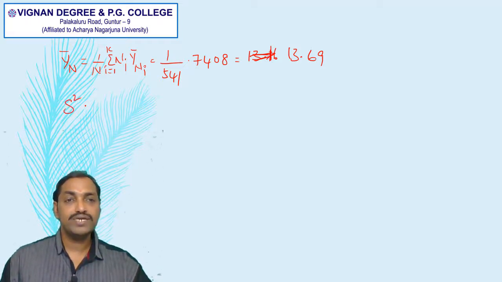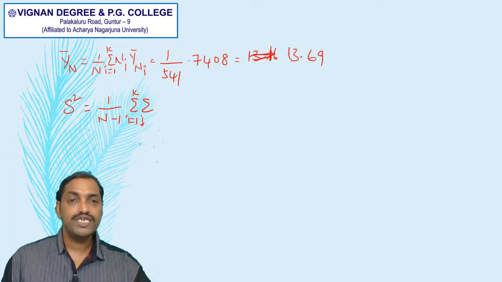Similarly, capital S square is equal to 1 by capital N minus 1 into double summation i equal to 1 to K, j equal to 1 to capital Ni, of (Yij minus capital Yn bar) whole square.